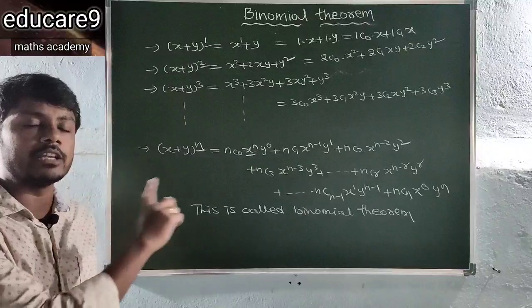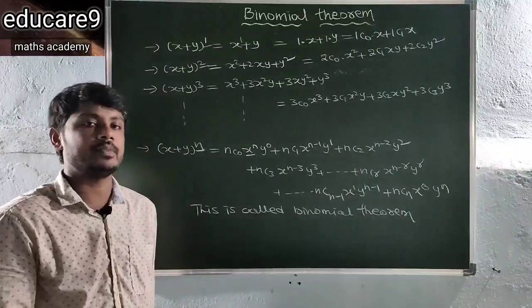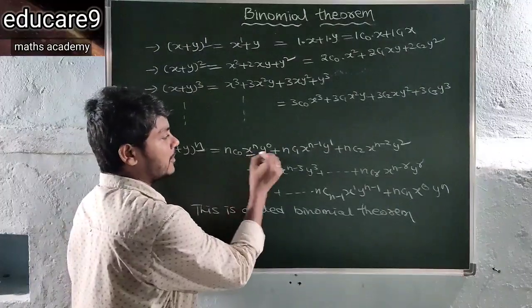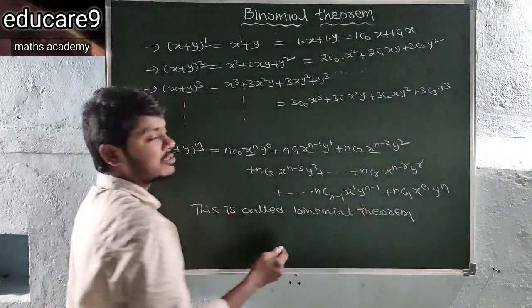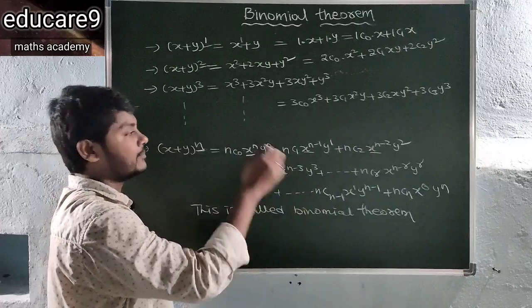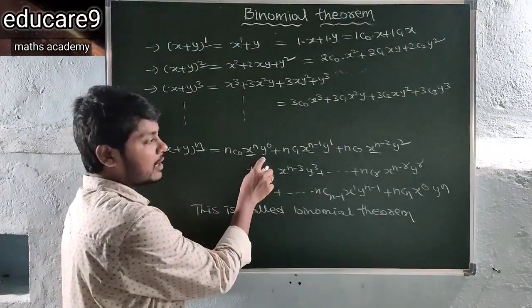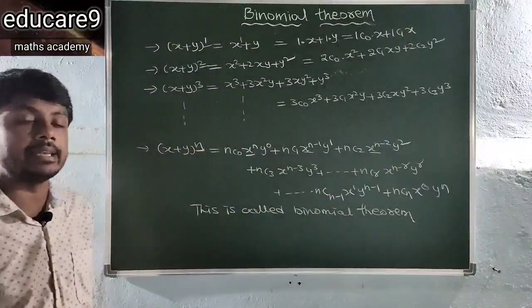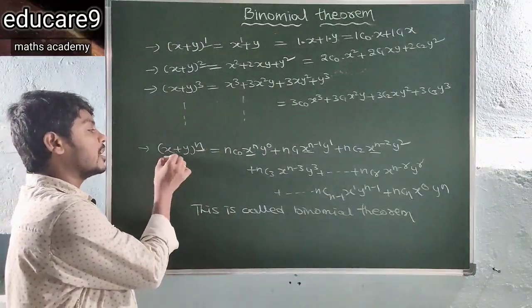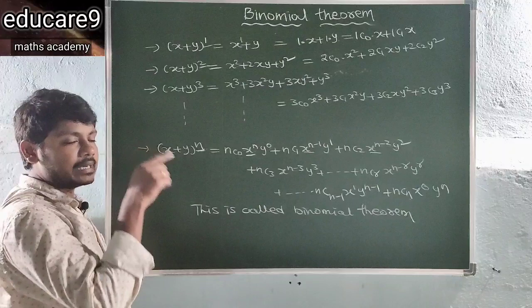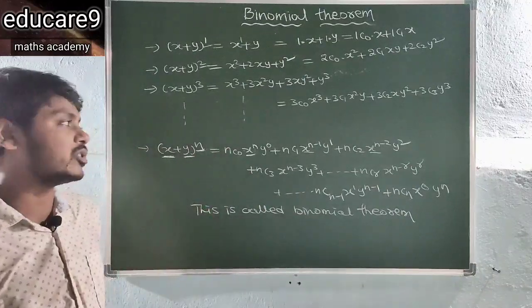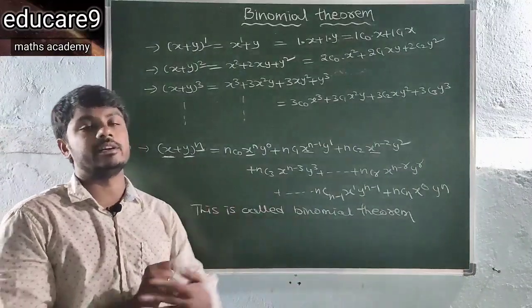So clearly both LHS and RHS power should be same. And third one, so once you observe the expansion, x power n minus 1, x power n minus 2. So clearly x power is decreasing. And what is the y power? Y power 0, y power 1, y power 2. So clearly y power is increasing. So that means the power of x is decreasing and the power of y is increasing. So clearly it satisfies all three conditions.